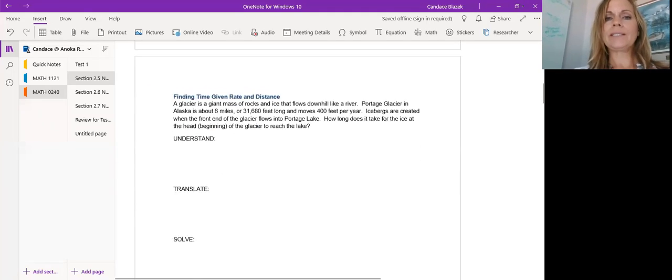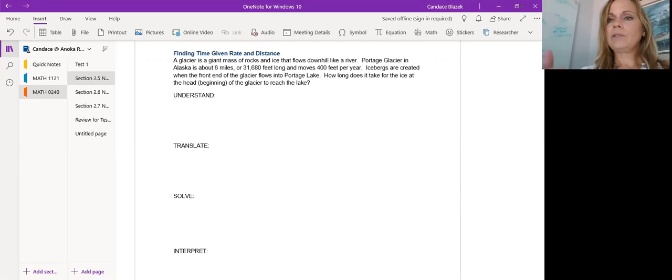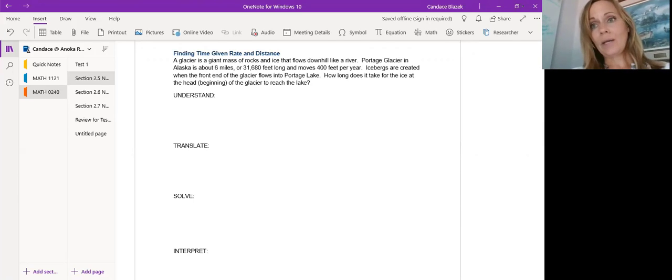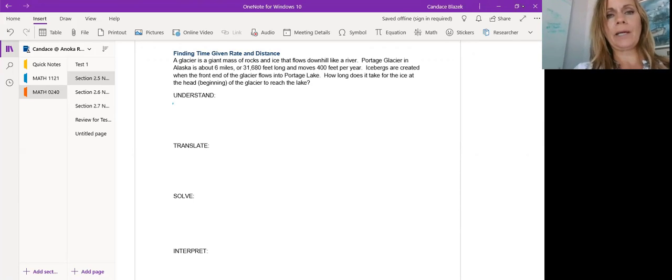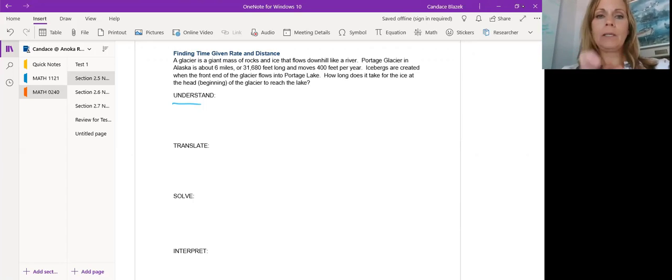Now we're going to use the same steps that we had talked about last Tuesday. Remember, number 1, we have to understand the problem, right? We have to know what we're looking for before we know how to find it. So what are we looking for? Translate means to put the words from the word problem into an equation.